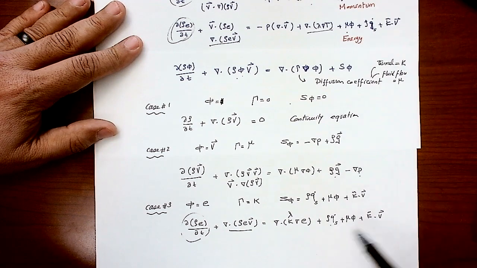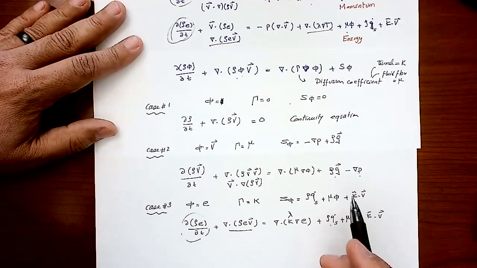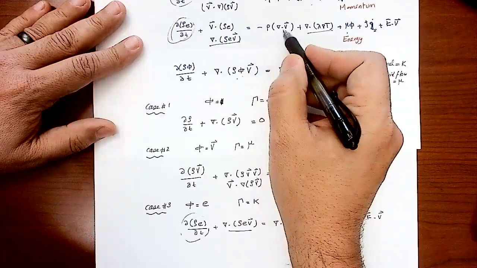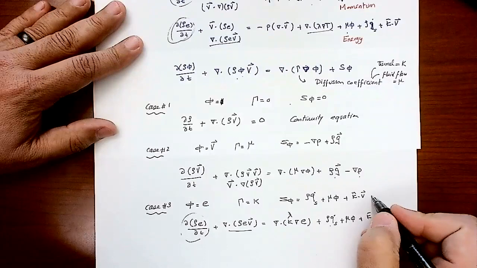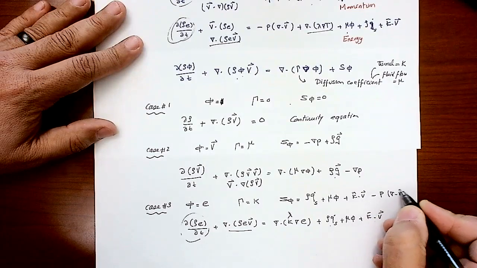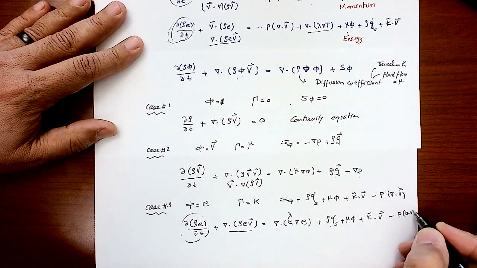This is the body force, and we are missing the pressure term, right? So that should be in the source term as well. I should have minus P nabla dot V in the source term. So this would come in as minus P nabla dot V.